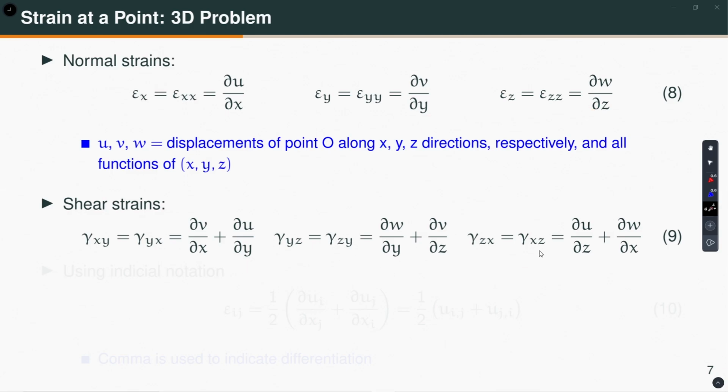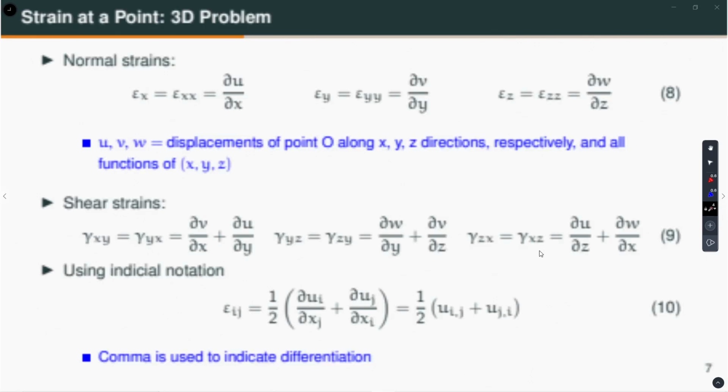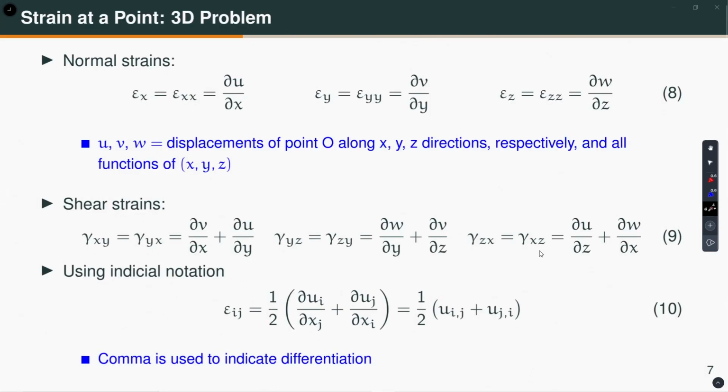So, this can be written in a very compact form using indicial notation. I can write epsilon ij, which is now used to denote normal as well as shear strain, is equal to 1 by 2 del ui del xj plus del uj del xi. Also, this can be written in an even more compact form, where a comma is introduced to indicate differentiation.